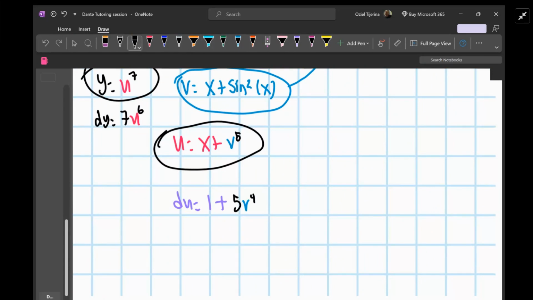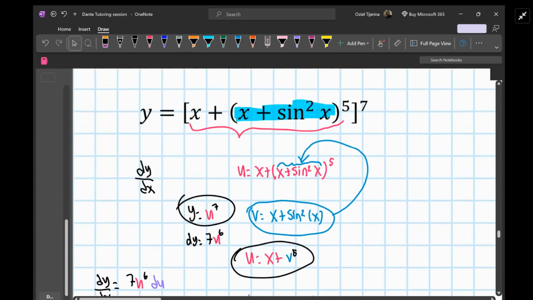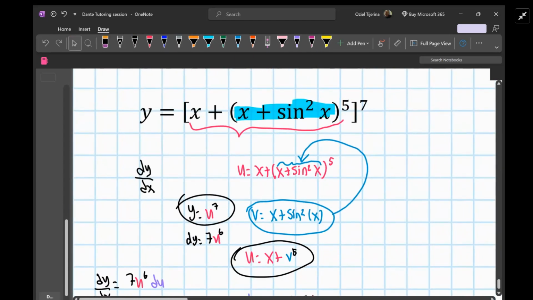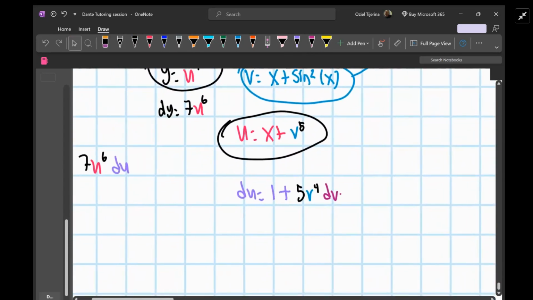This can be very complicated. It's really like a puzzle. You just have to kind of split it up in different ways. And that should be a v, my bad.